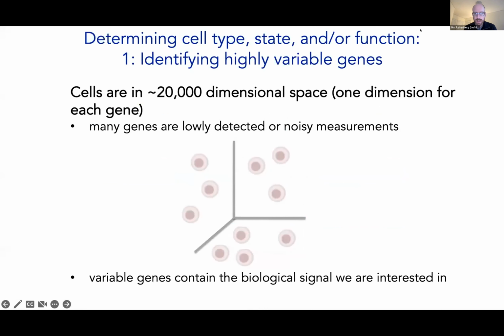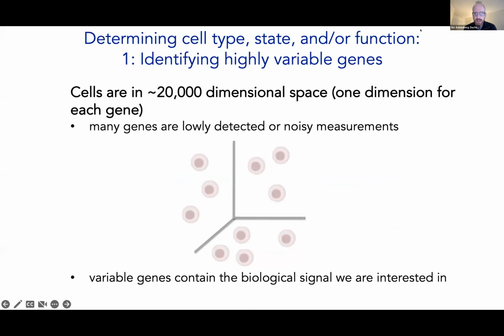And then furthermore, the genes are co-regulated, which we'll discuss in a second. But what we do in this first step is we try to reduce the dimensionality of the data by just focusing on genes that are variable across the cells. The intuition behind this is that the variable genes are going to most closely reflect genes that are important to defining the different cell types and states.